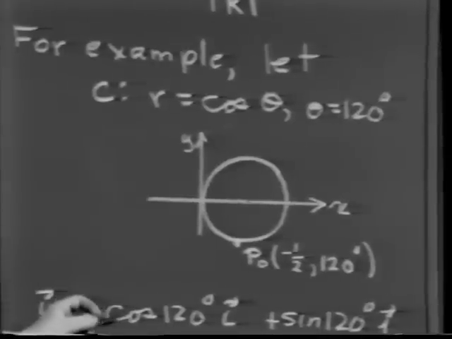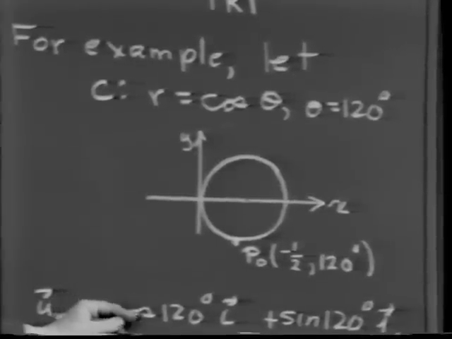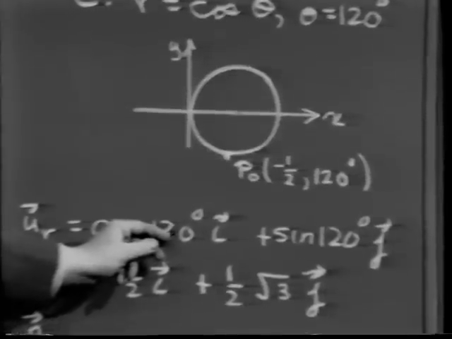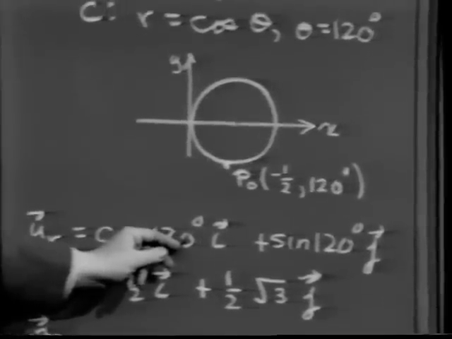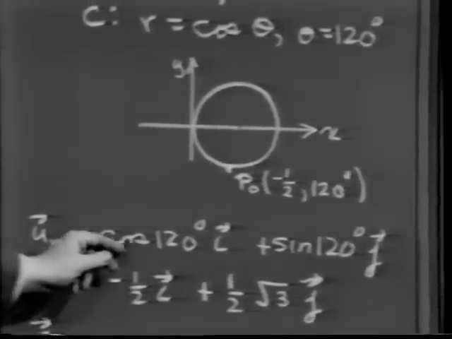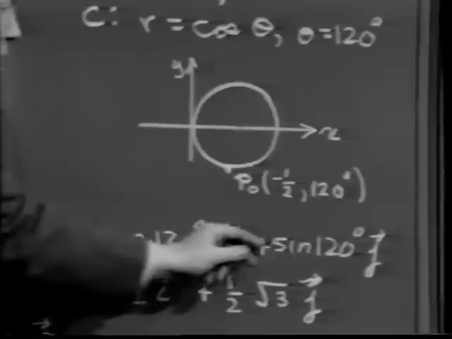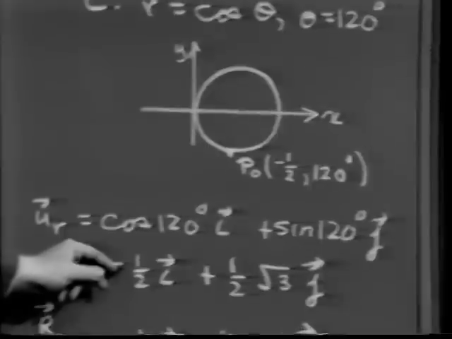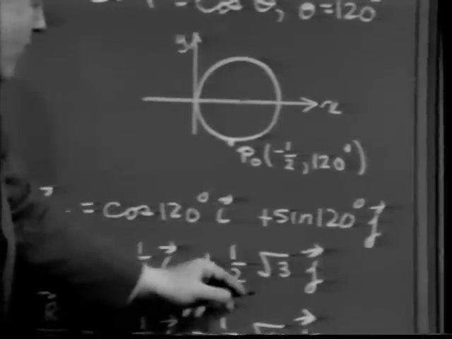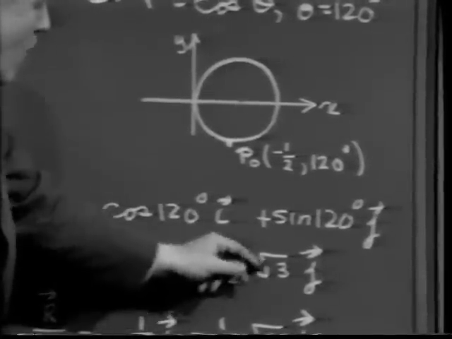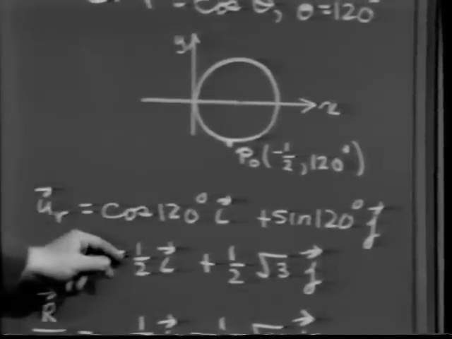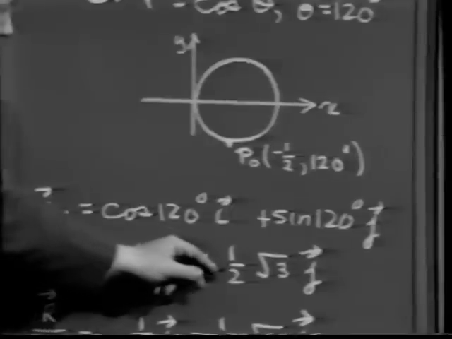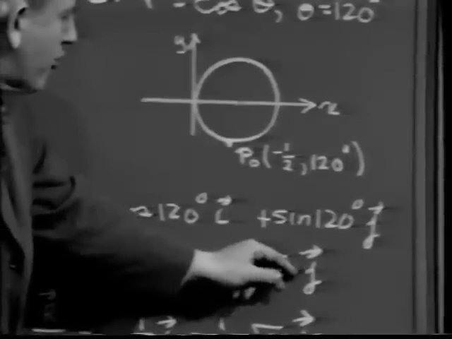If I use our definition for u sub r, which is cosine theta i plus sine theta j, and replace theta by 120 degrees, what I get is that u sub r is cosine 120 degrees i plus sine 120 degrees j. Remember that the cosine of 120 is minus a half, and the sine of 120 is plus 1/2 the square root of 3. U sub r turns out to be minus 1/2 i plus 1/2 the square root of 3 j.